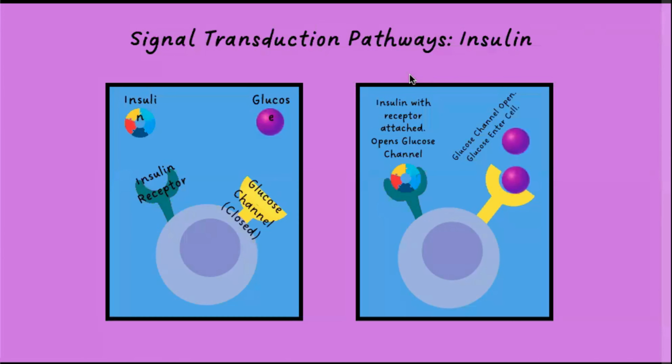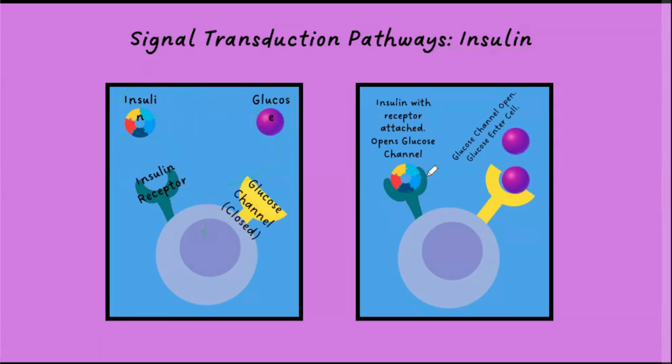So as you can see here, we're talking about insulin. And insulin is going to be a signal that will attach to its associated insulin receptor. What happens is insulin is related to glucose. However, when the insulin signal is not attached to the receptor, the glucose molecule will not enter the cell.